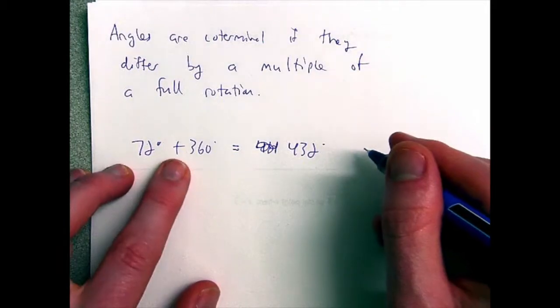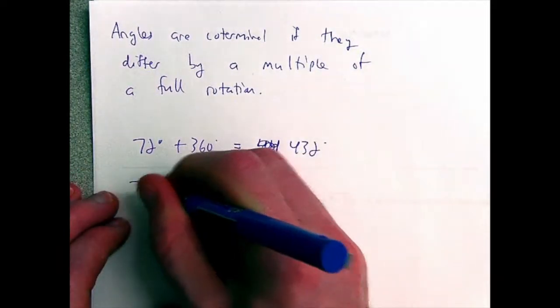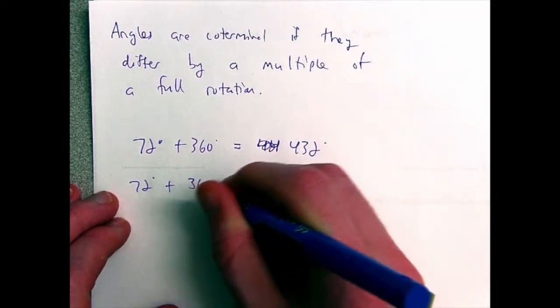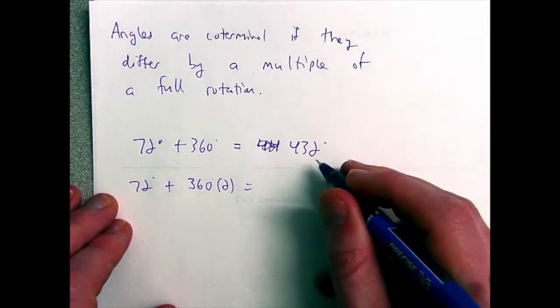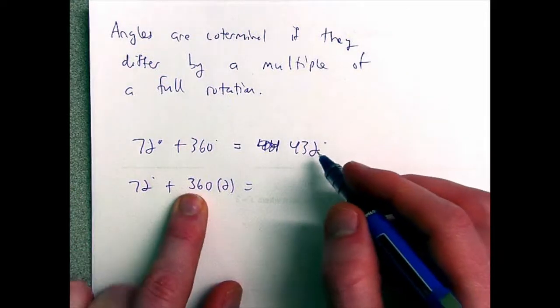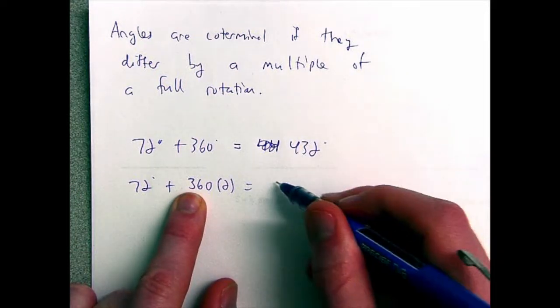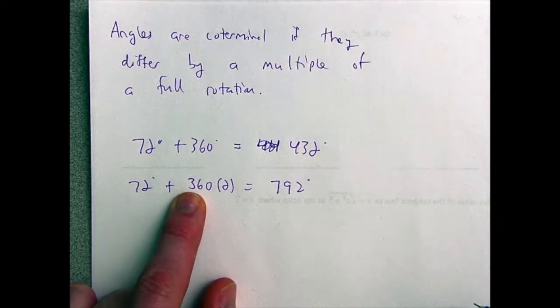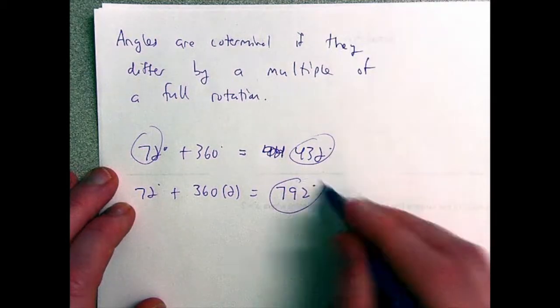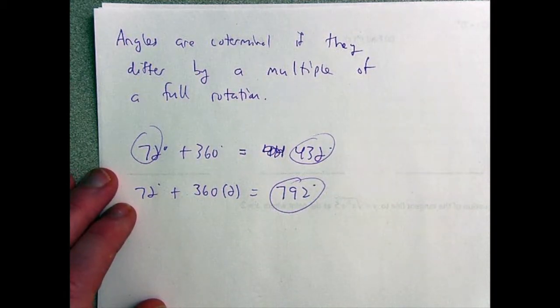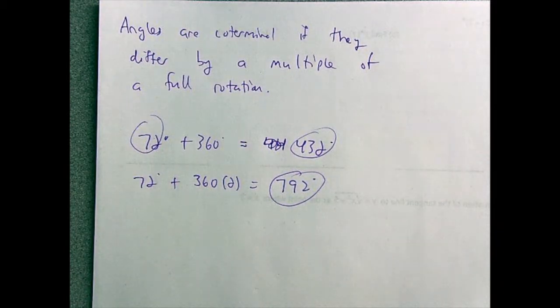I could add 360 again. Like I could take 72 and add 360 twice. That would be adding 2 full rotations, and that would give me some other angle. I guess that would be, let's say, 792, I think, if I add 360 again. So 72, 432, 792, those are all coterminal because they just differ by a full rotation.